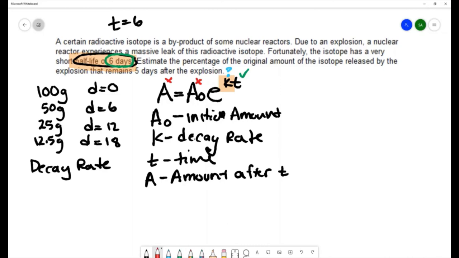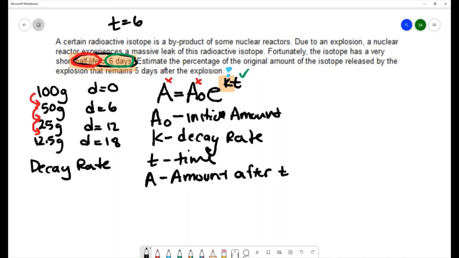However, this idea of a half-life, remember here we said we were having half of what we have each time. So that means that even though we don't know the value of the initial amount or ending amount, we do know the relationship between those two.